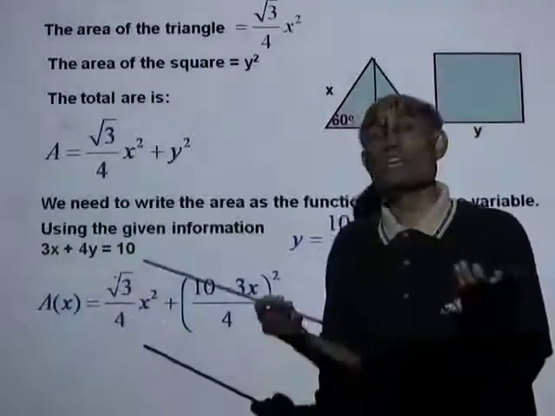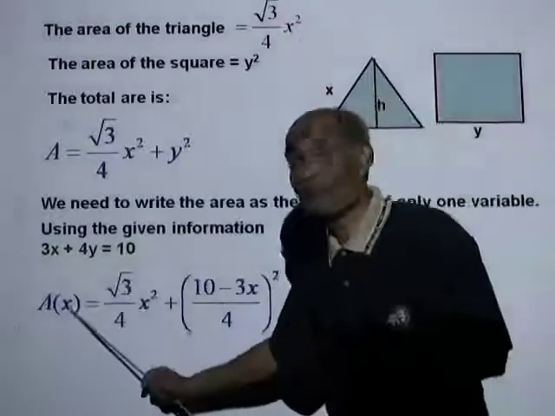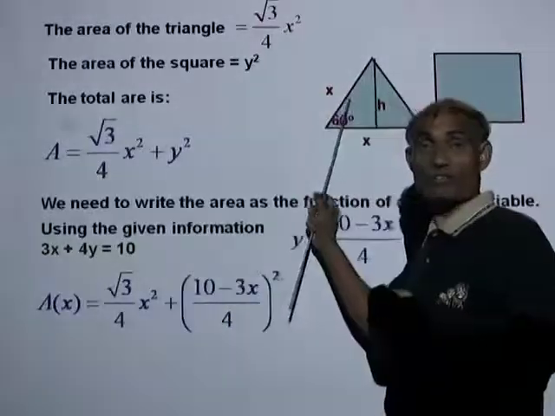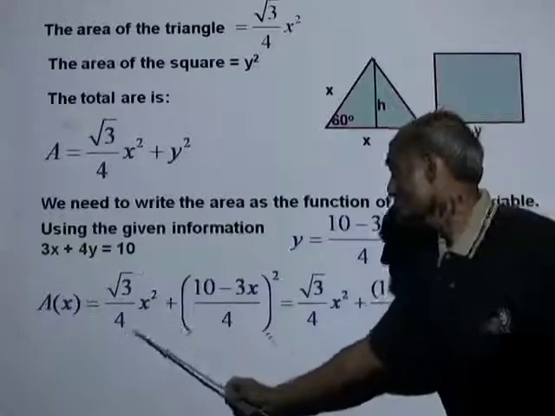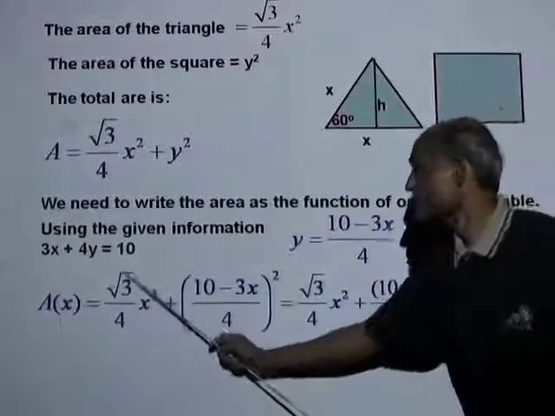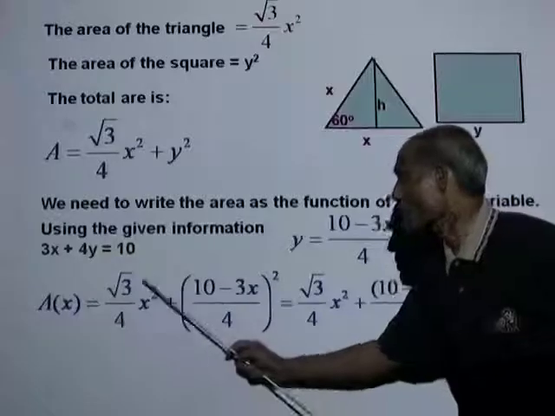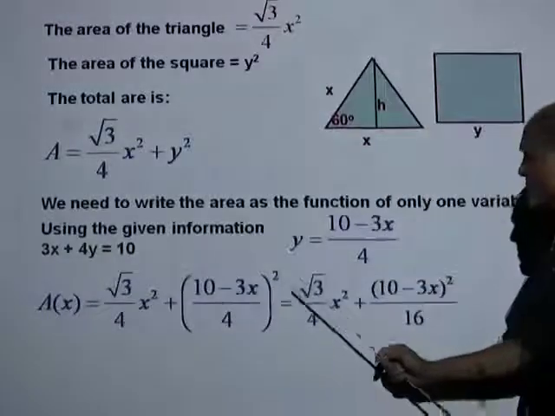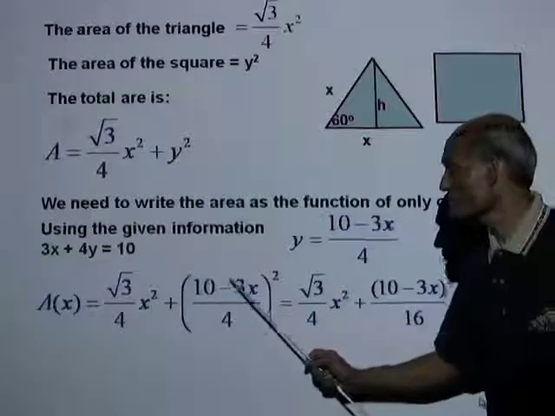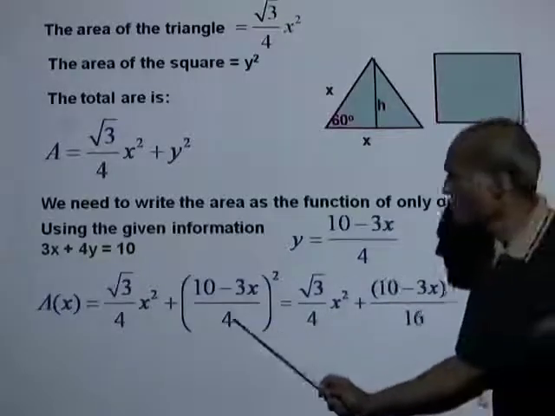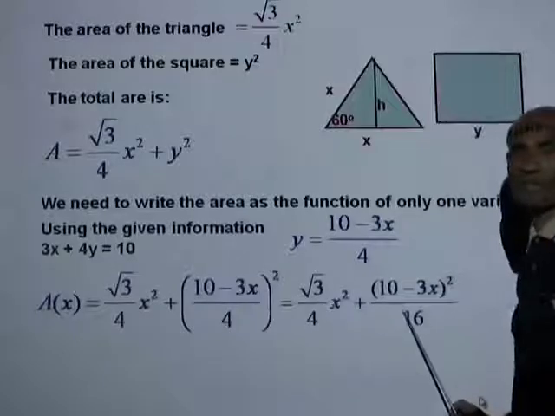We have the area function as a function of x, which is the side of the triangle. Alright, let's simplify this. This will be square root 3 over 4 x squared. When you simplify this, you square the numerator, that will be 10 minus 3x squared, and square the denominator, that will be 16.